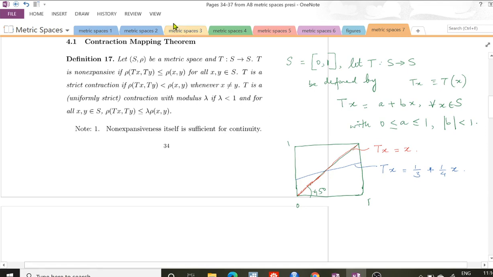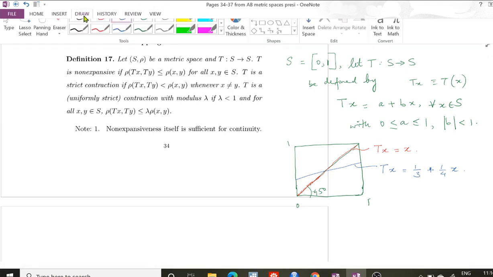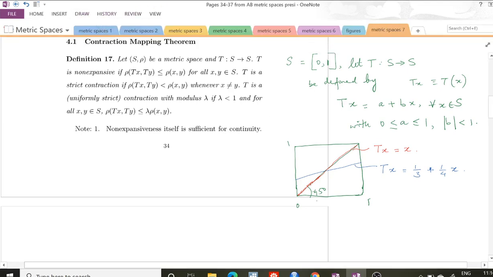So if you look at the red map, it has the property that if I were to take a pair of points x and y, that's the distance between x and y.